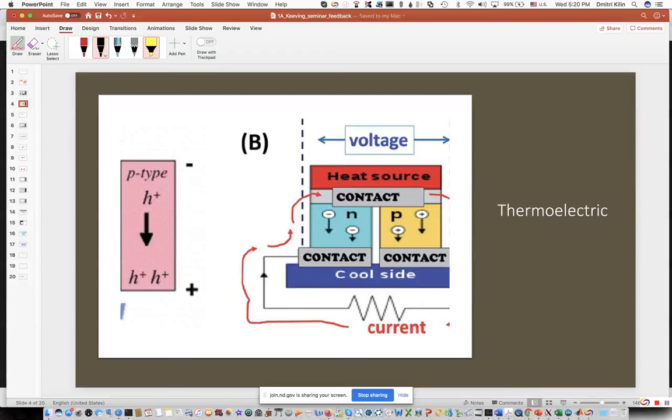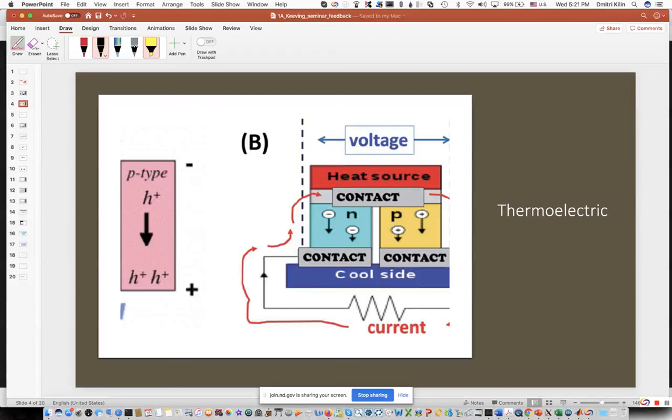Okay, so what I'm studying is the thermoelectric effect in lead telluride nanowires. All right.